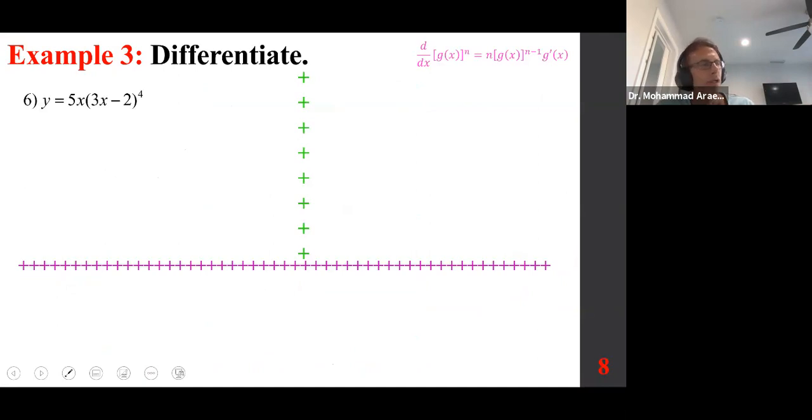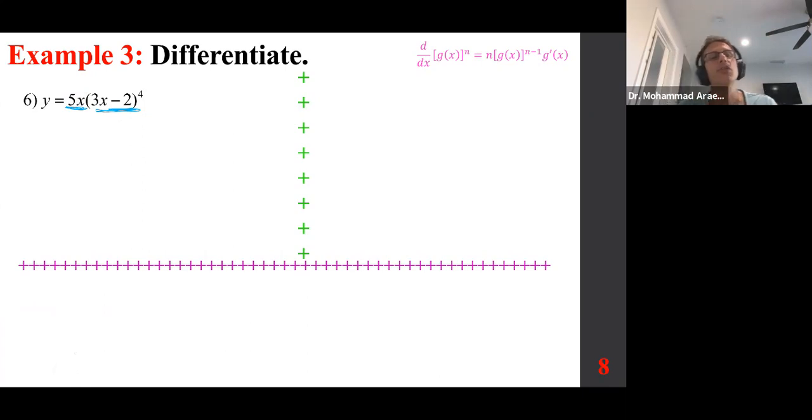Over here, we are looking at a case that is using the combination of a product rule. So if you put a raised dot here, you're multiplying 5x by 3x minus 2 to the power of 4. So this piece is, let's say, the f function, and this is the g function.